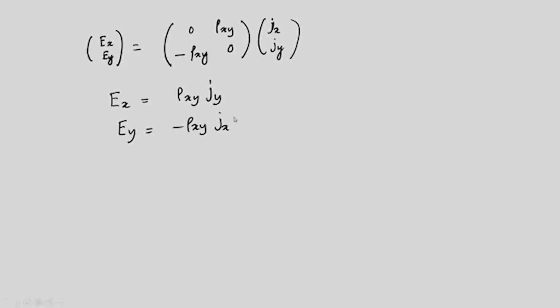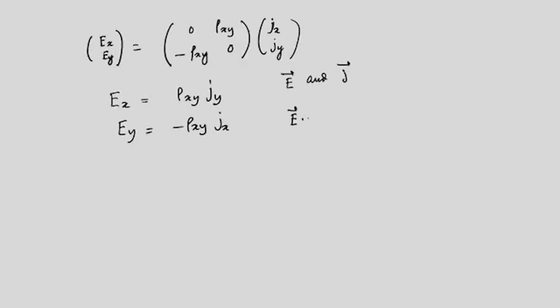If you just do the multiplication, it tells you that E and J are perpendicular, because Ex is proportional to Jy, and Ey is in the direction of Jx, which means that they are rotated with respect to each other. So the X component of the electric field is in the Y direction, which is just a rotation by 90 degrees. And Ey is in the direction of minus Jx, which is again a rotation by 90 degrees.